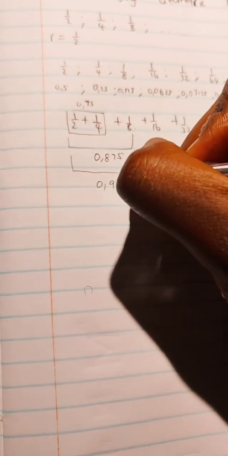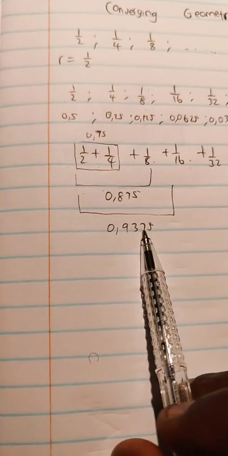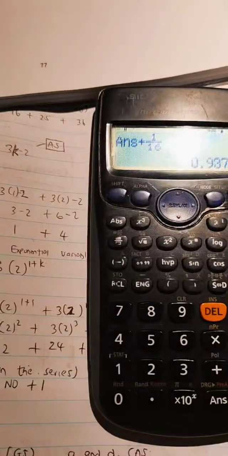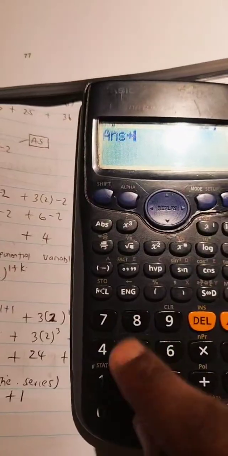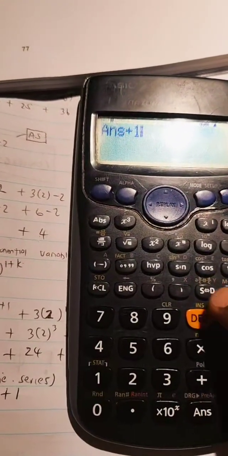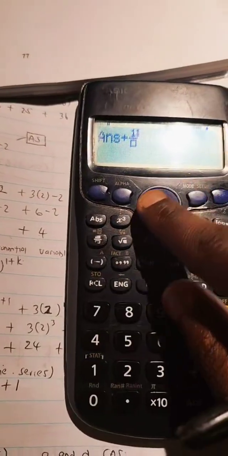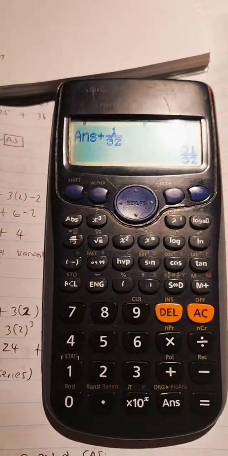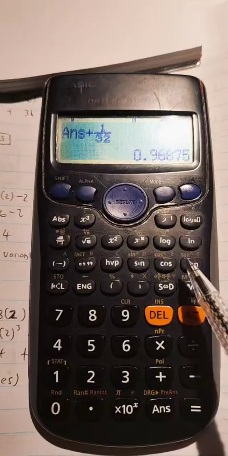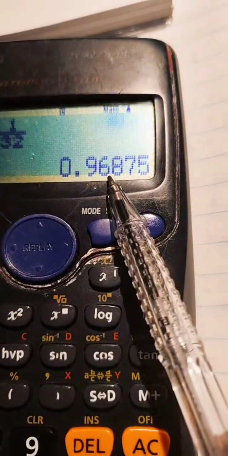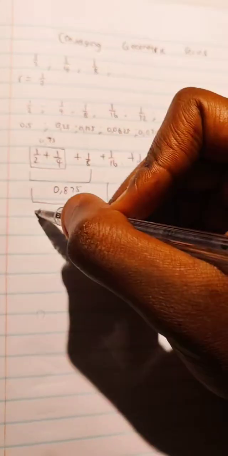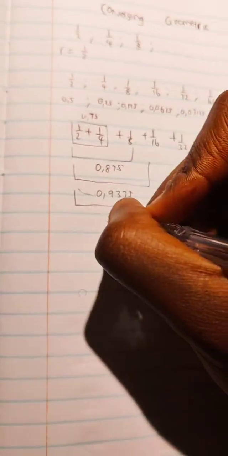Okay, we get 0.9375. No, it's fine. Let's add. Surely if we add 1 over 32, that should sort things out. We should eventually get over 1. Hopefully, surely. We get 0.96875. Okay, we're getting very close.